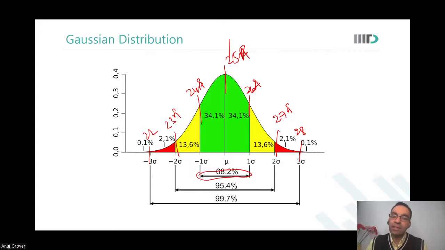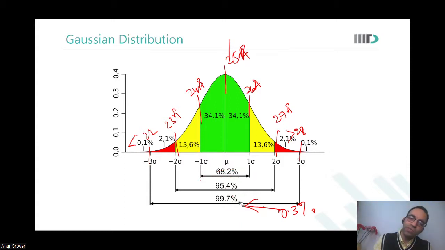But there will still be places which would correspond to the remaining 0.3%, where thickness could be less than 22 or greater than 28. Do you get the sense of it? As you go beyond the nominal, the mean point, the number of samples you will get there would reduce. Have you noticed this in your experience also?